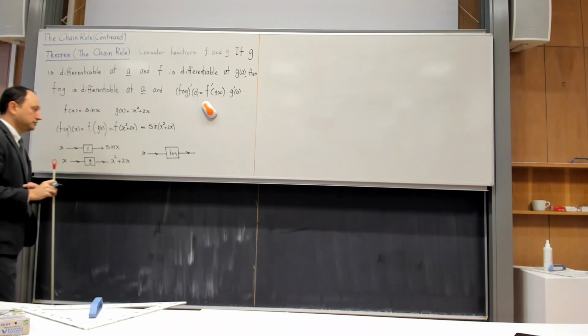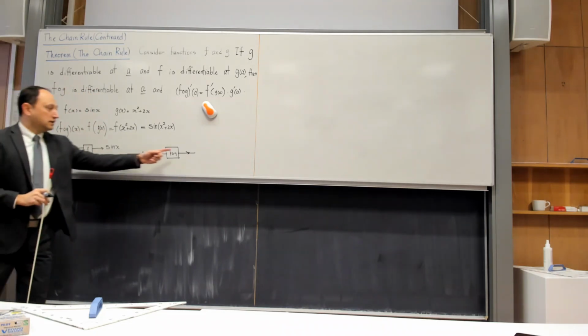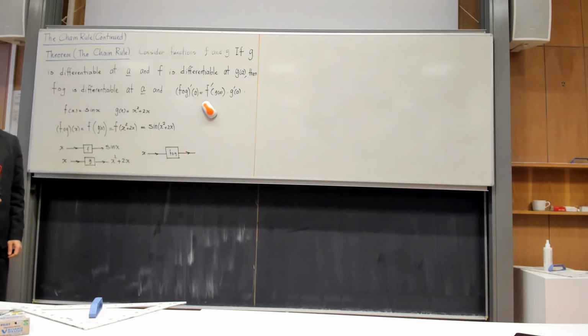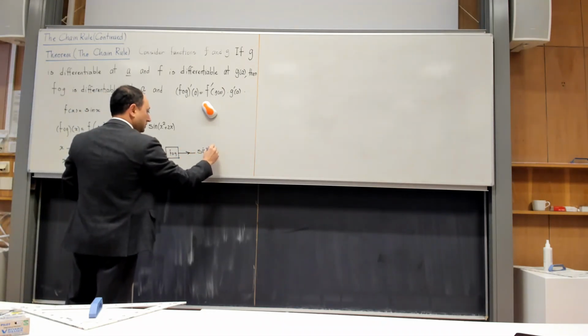If I give you these two operators and I ask you to write something for this, what do you write? It's on the board actually. It is sin(x² + 2x), yes?